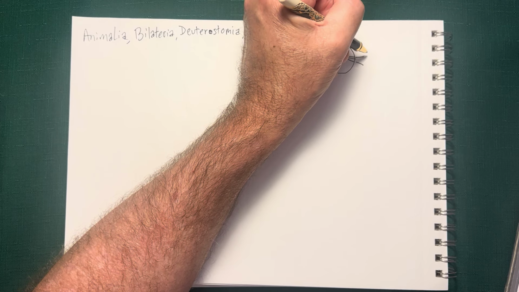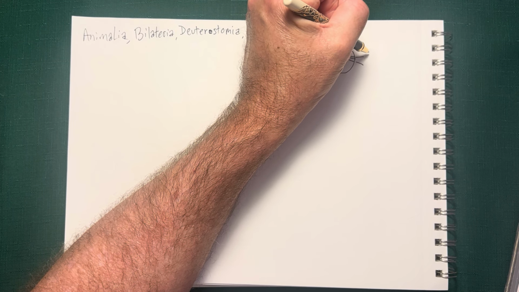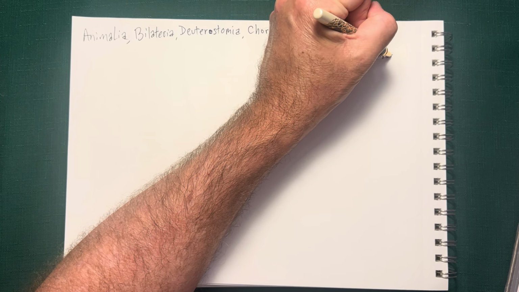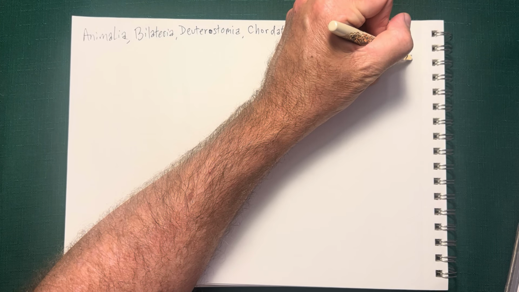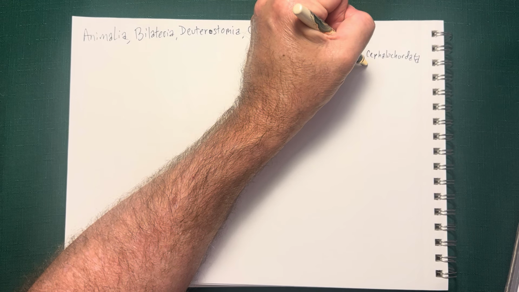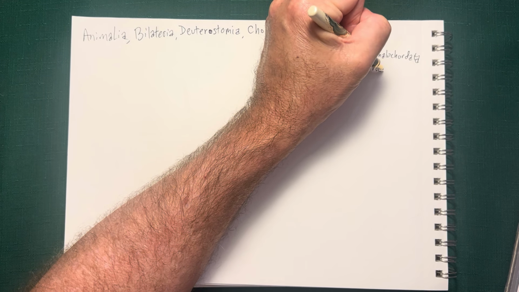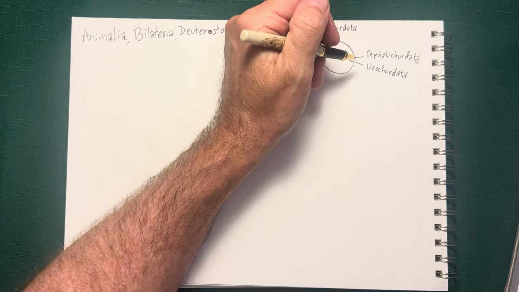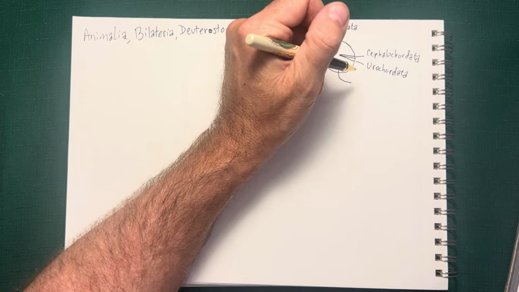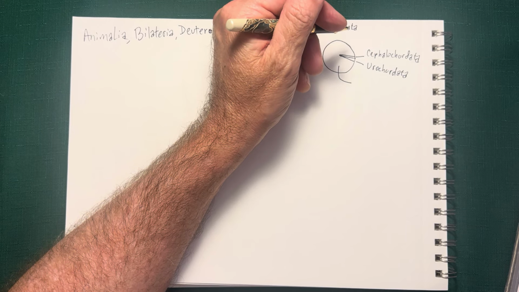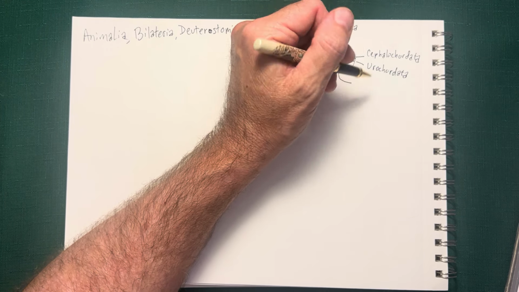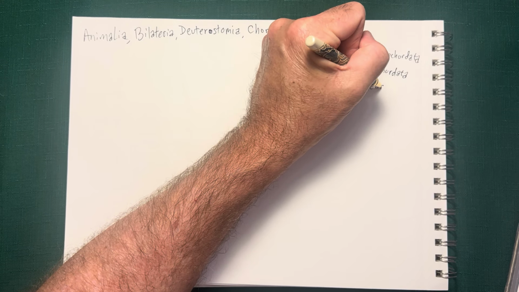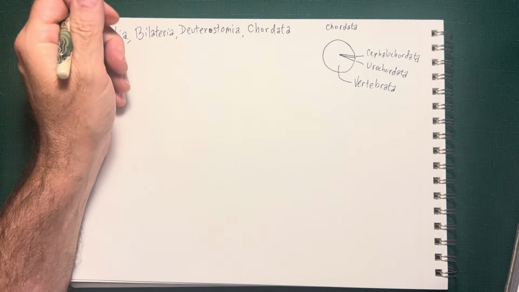We've got the Cephalochordata, and we've got the Urochordata, which I'm going to talk about first. And then everything else in here, which is like 90-something%, are the vertebrata.